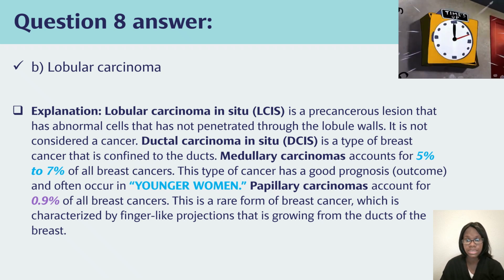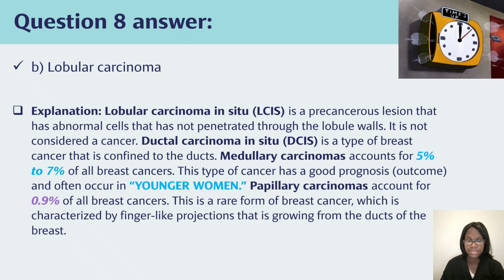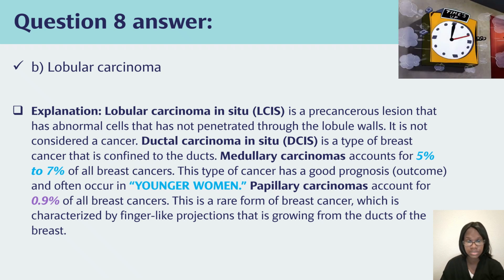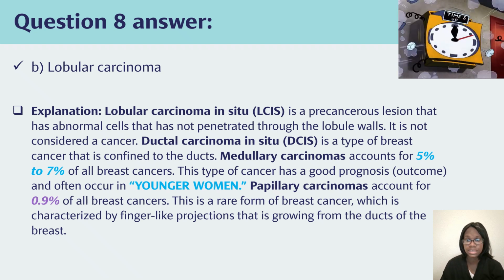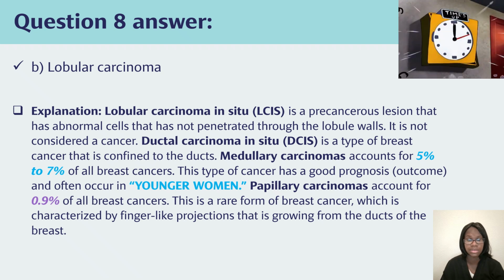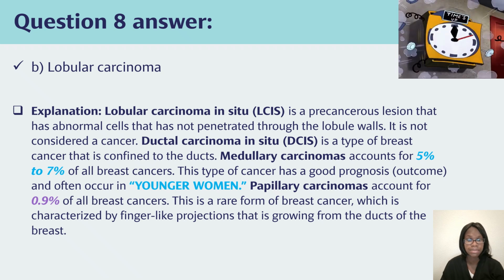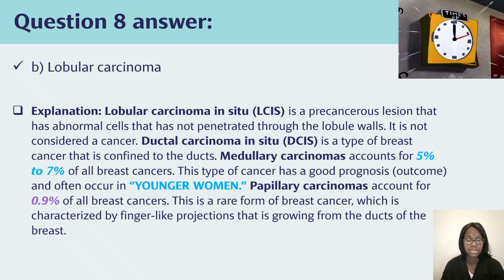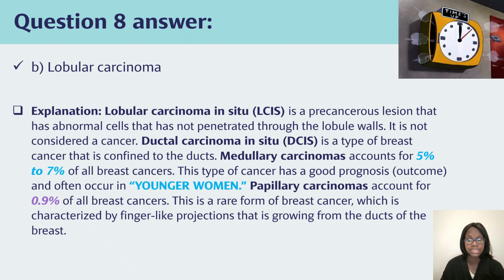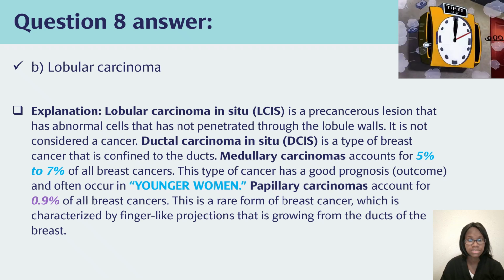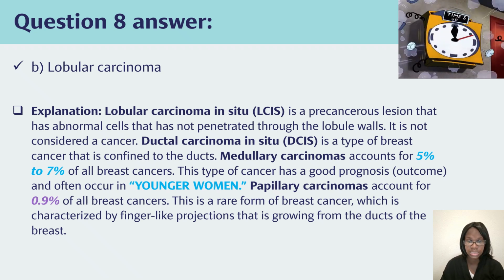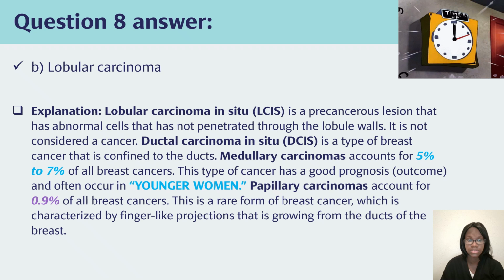Medullary carcinomas account for 5% to 7% of all breast cancers. This type of cancer has a good prognosis, meaning outcome, and occurs often in younger women. Papillary carcinomas account for 0.9% of all breast cancers. This is a rare form of breast cancer which is characterized by finger-like projections that grow from the ducts of the breast.